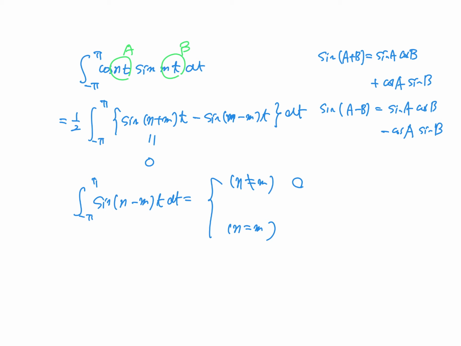When n is equal to m, n minus m is equal to 0, sine 0 is 0. So this is 0 always, right? Voila. So this is 0. So one to go.